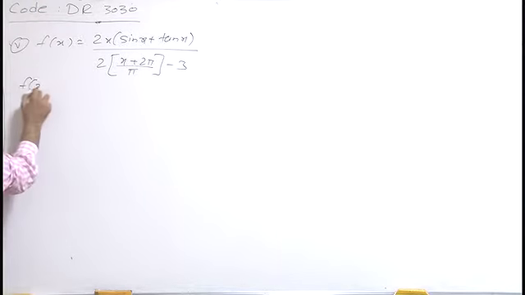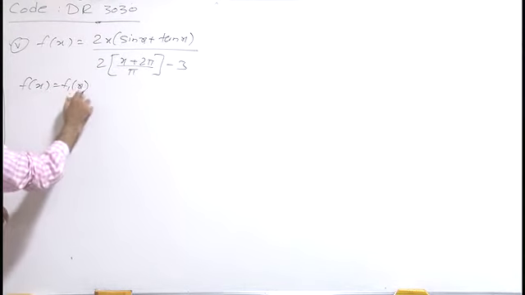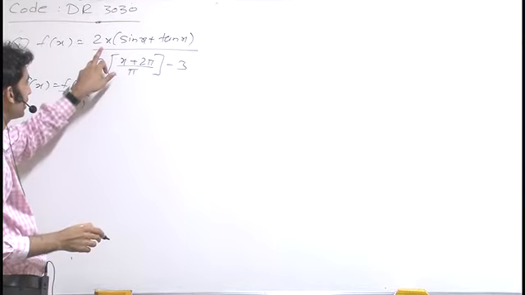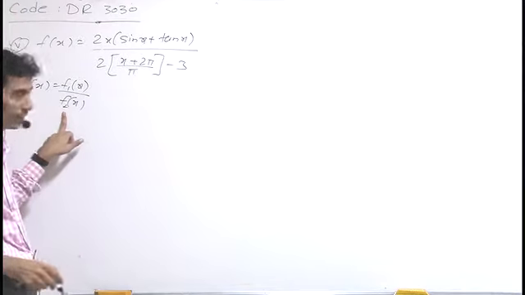We can take f(x) as f1(x) divided by f2(x). Here we are taking the numerator as f1(x) and the denominator as f2(x).